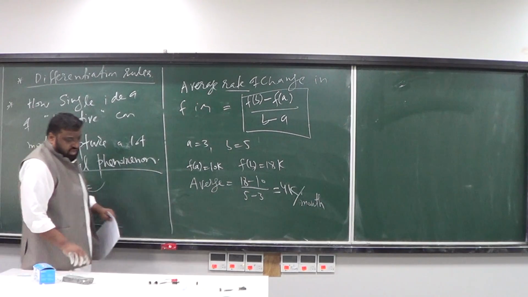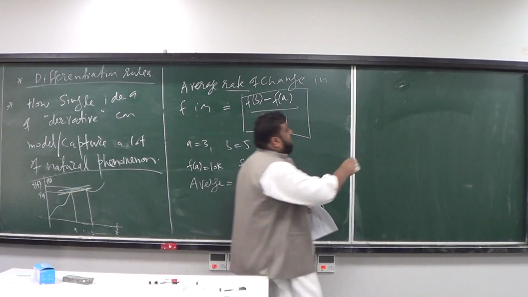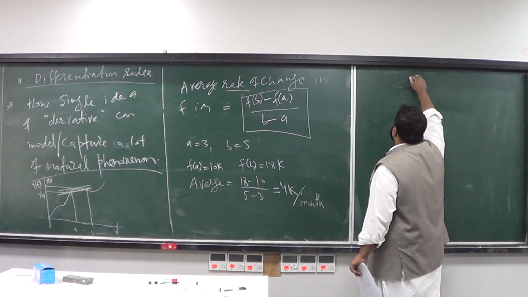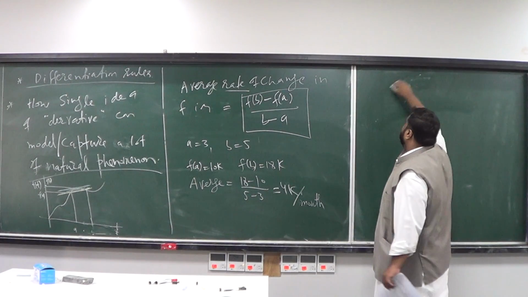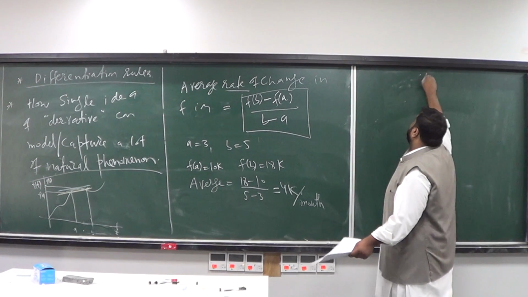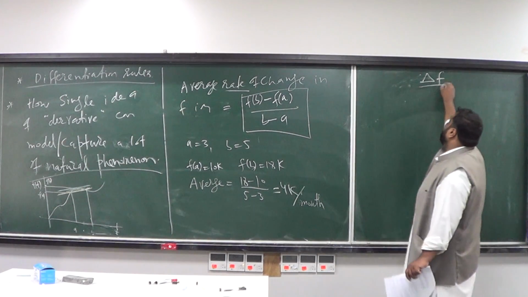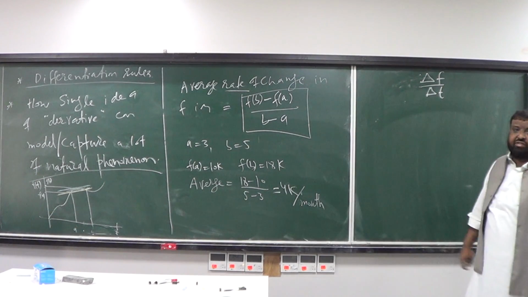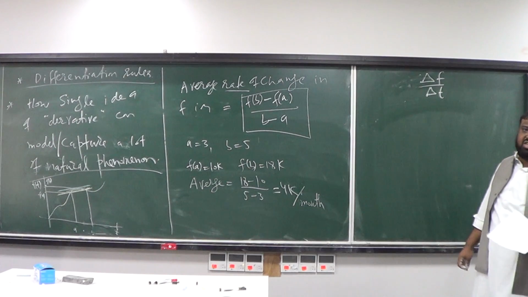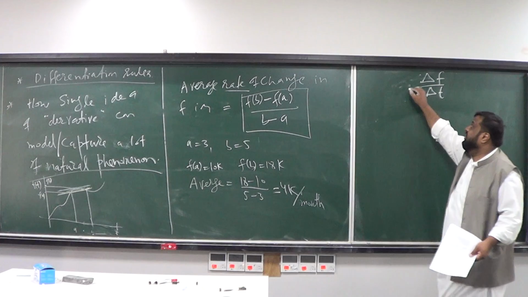So in other words, f of b minus f of a is the change in f, and b minus a is the change in time, so the ratio of change in f to change in time is giving you the average rate of change.